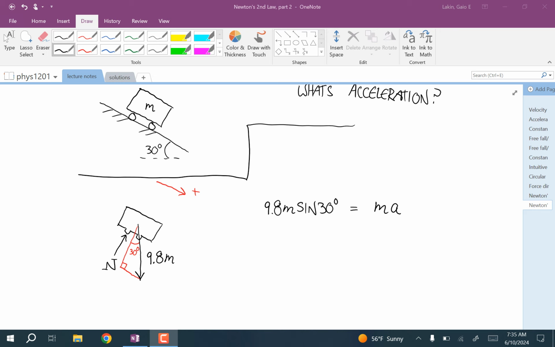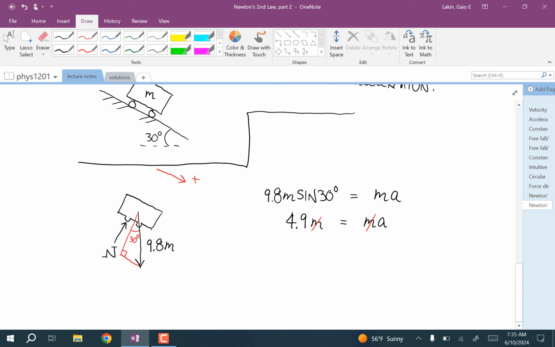9.8 times sine of 30 degrees is 4.9. So we have 4.9 times m is equal to m times a. And now this is where you can see that the mass doesn't matter, because no matter what it is, it cancels out. You have m multiplied on both sides.